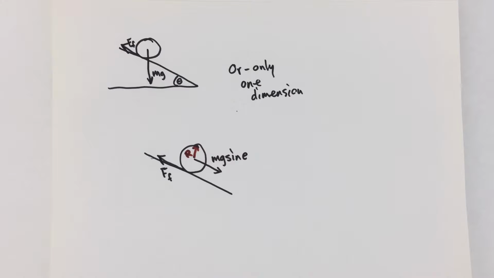So as we see here, we're going to find that force of friction is exerted right at the contact point, and the component of the gravity force along the plane is acting on the center of the object. So only the force of friction there is exerting a torque.